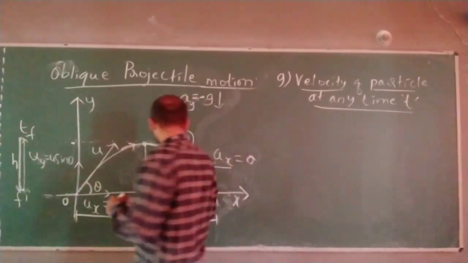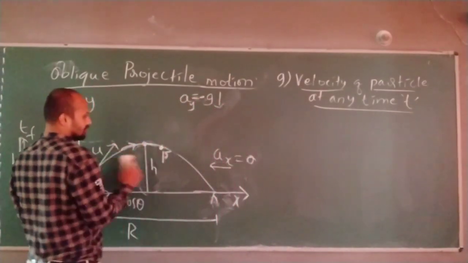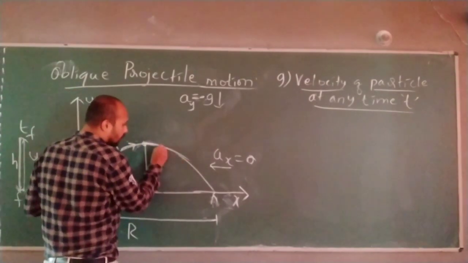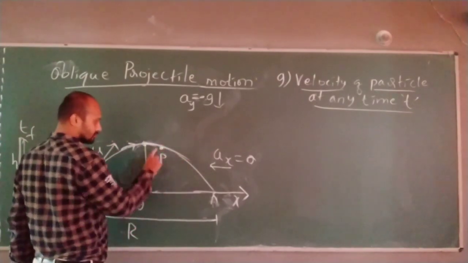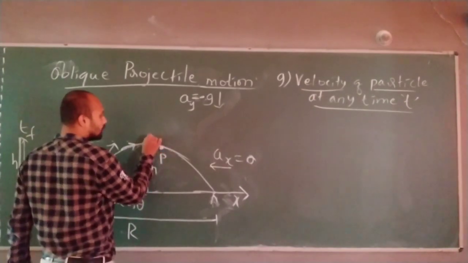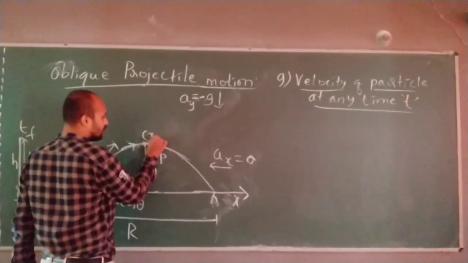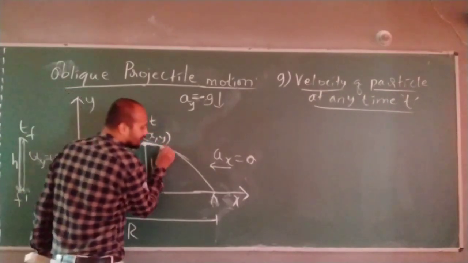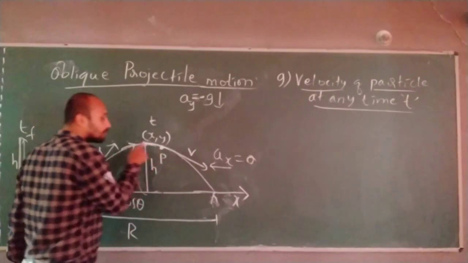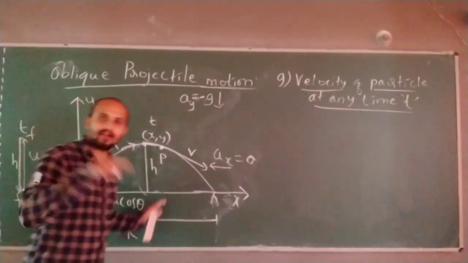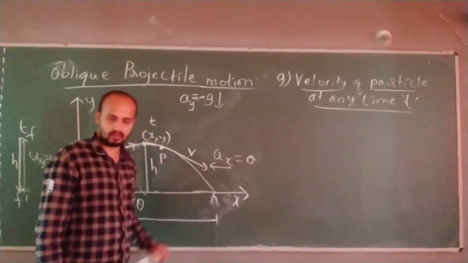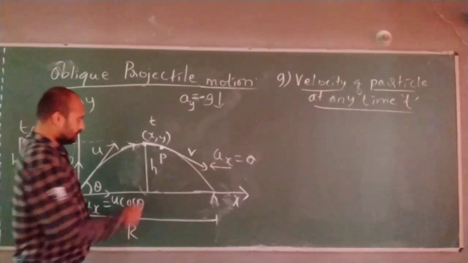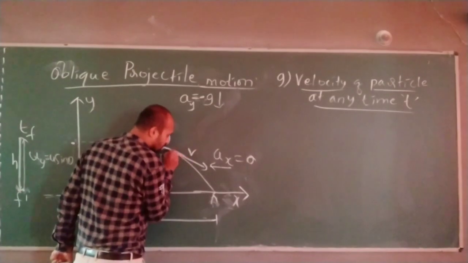Correct, no? So what I will do, I have taken one point P, which has position x comma y and time t. Let me take the velocity as v at point P. So I am going to find the velocity at point P. At this point, this is the direction of velocity.